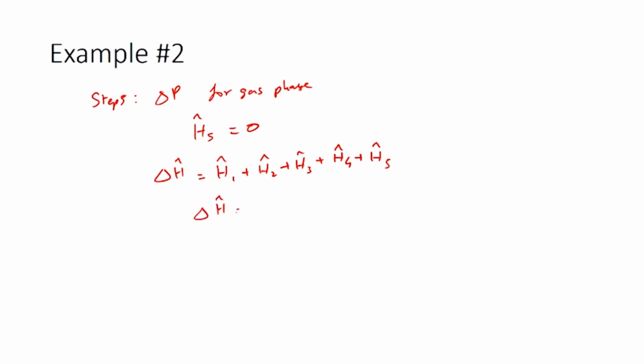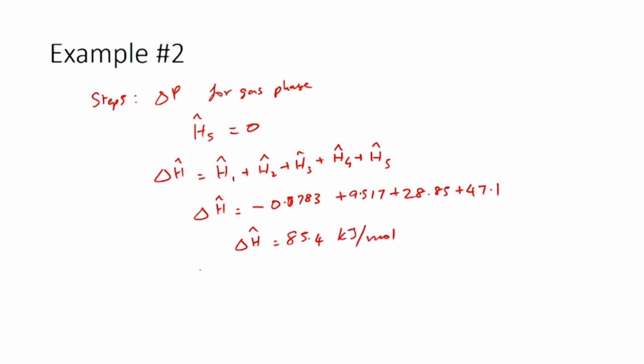Using that we can calculate delta H cap as minus 0.0783 plus 9.517 plus 28.85 plus 47.1, giving you delta H cap as 85.4 kilojoules per mole.